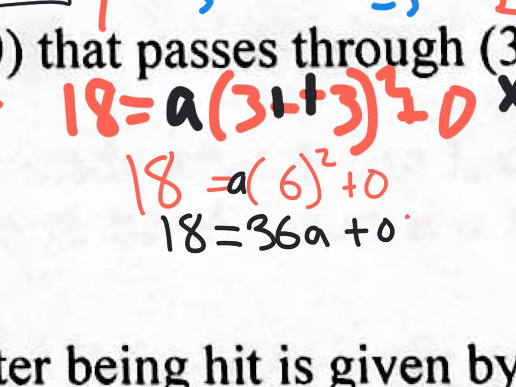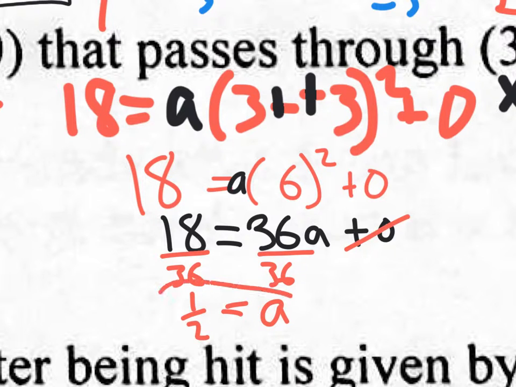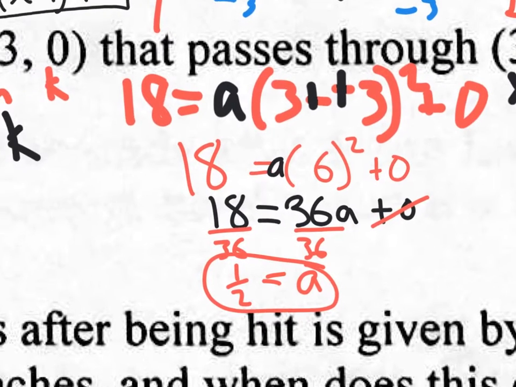So the plus 0, you can just forget about it. It's not going to change anything. You can divide by 36, divide by 36. Ladies and gentlemen, we will have A equals 1/2. So if your A value is 1/2, that is not the answer. That is only the number that belongs in front of the parentheses in your vertex form equation.